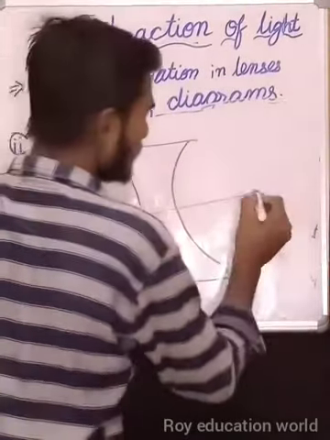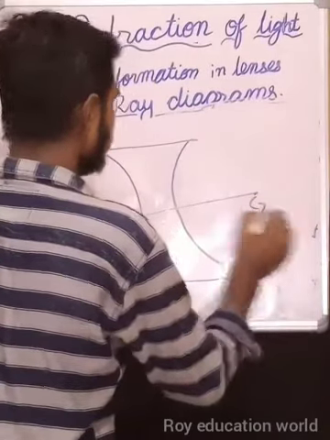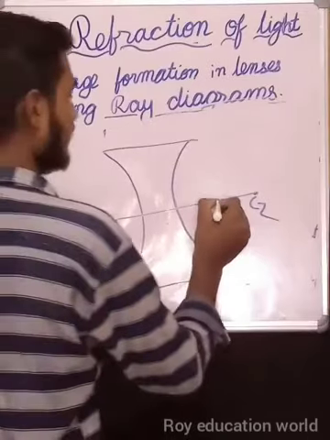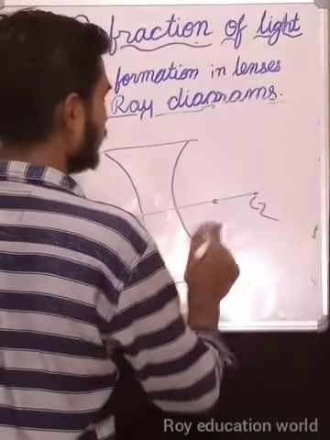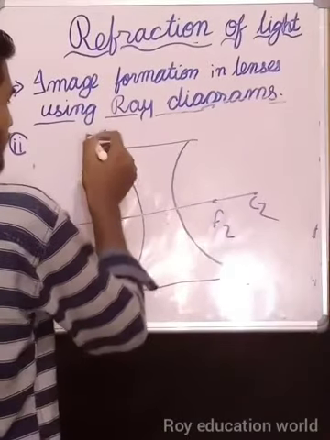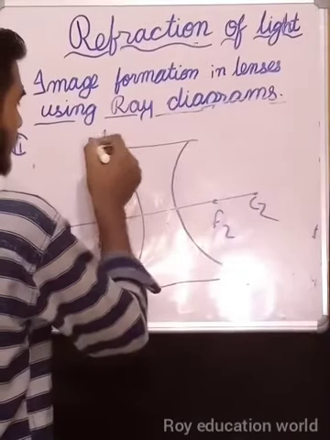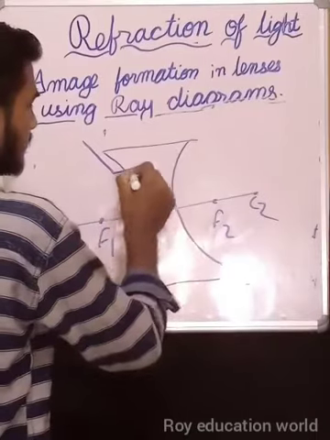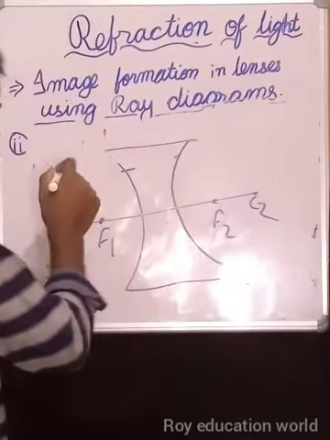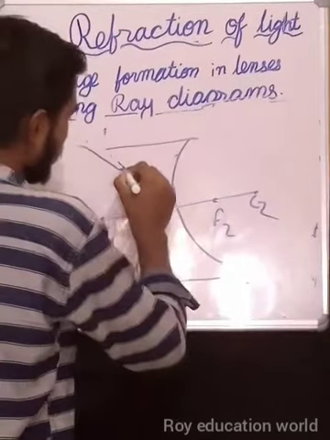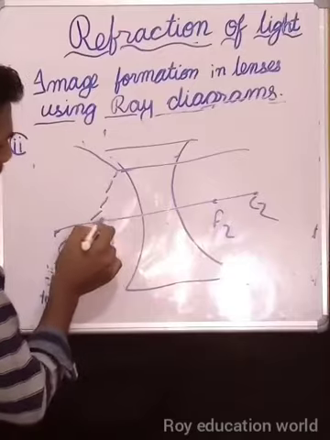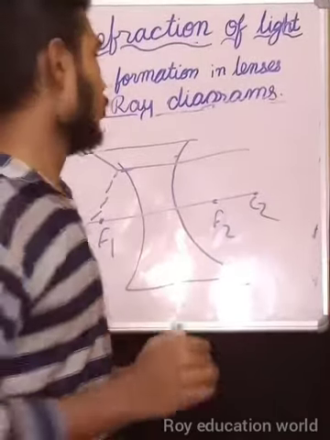This is the principal axis, C2, C1, F1, F2. This ray seems to be coming from the principal focus.